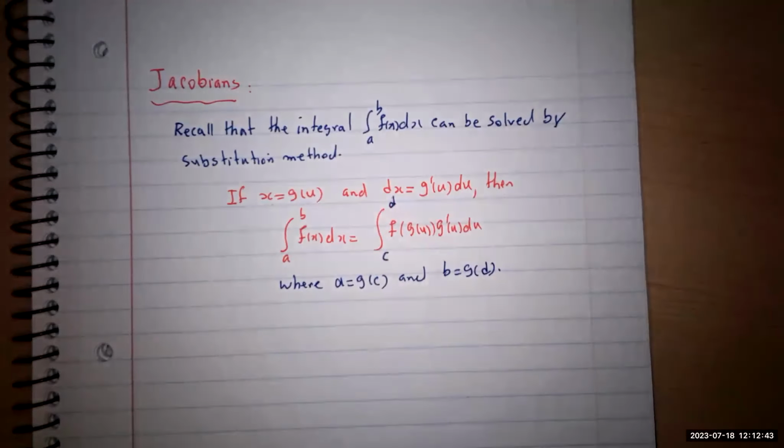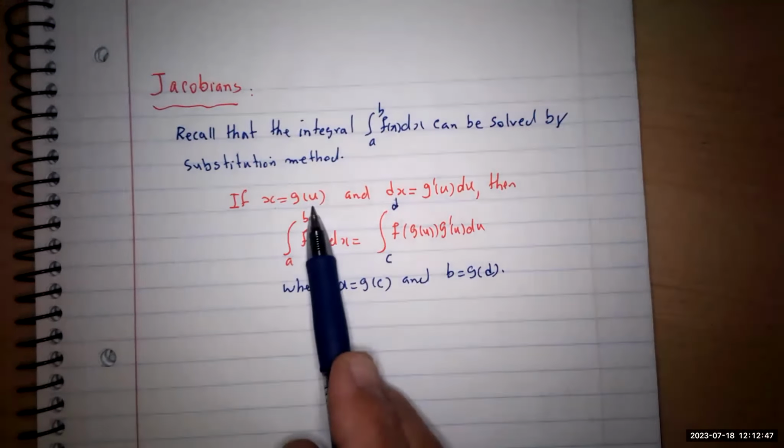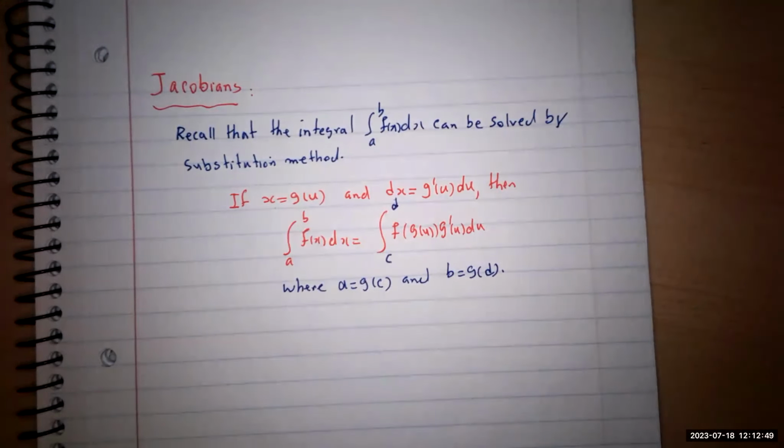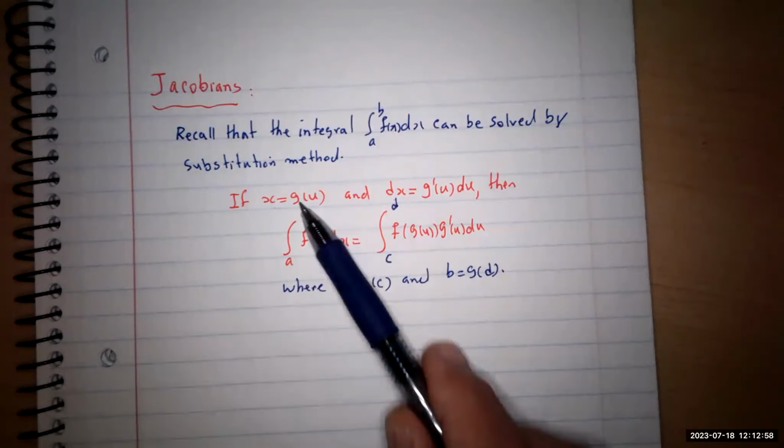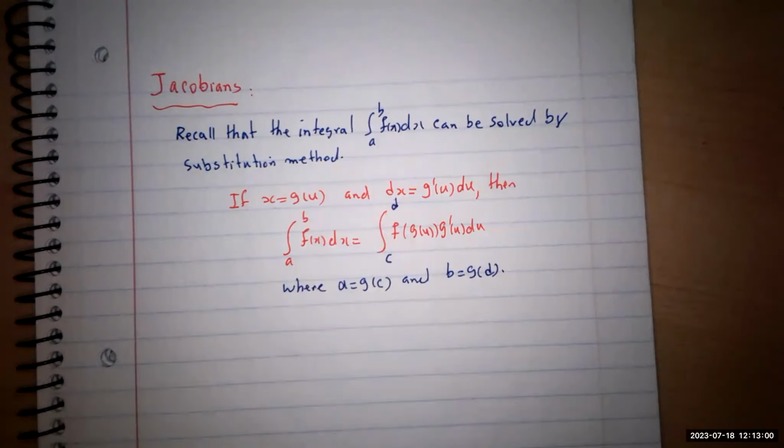It's just the other way around. It's the same thing, that you start with the x, then you find the corresponding number for the u, if you like. So we switch the variable at the same time we switch the limit of integrations.